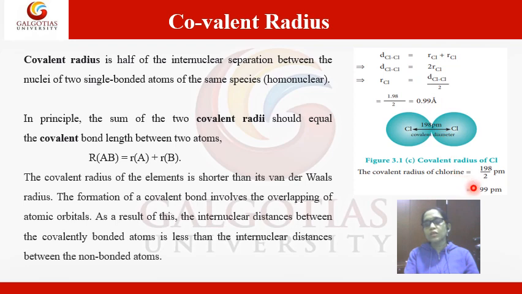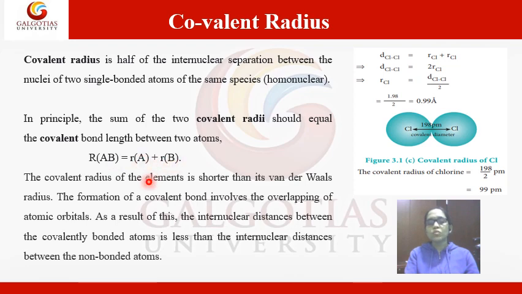In principle, the sum of the two covalent radii should equal the covalent bond length between the two atoms. In general, we can say that the bond length R_AB is the radius of atom A plus the radius of atom B.